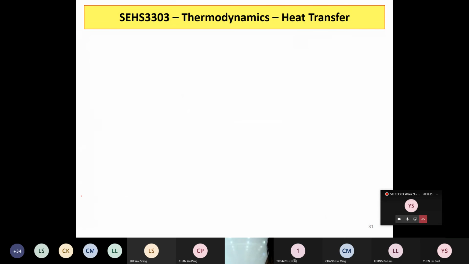Question A. We'd like to calculate the overall thermal resistance, the total thermal resistance. That should be the sum of all the 4 resistors. That should be R1 plus RA plus RB plus R2, right?